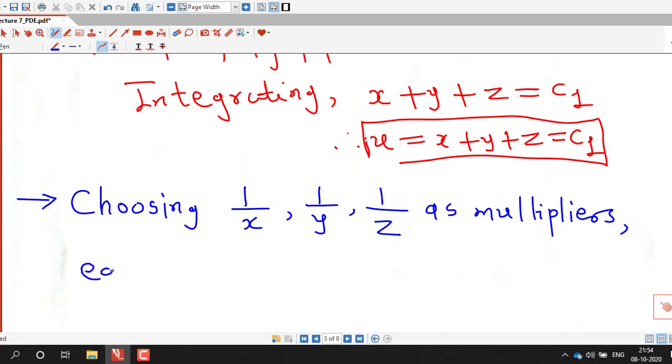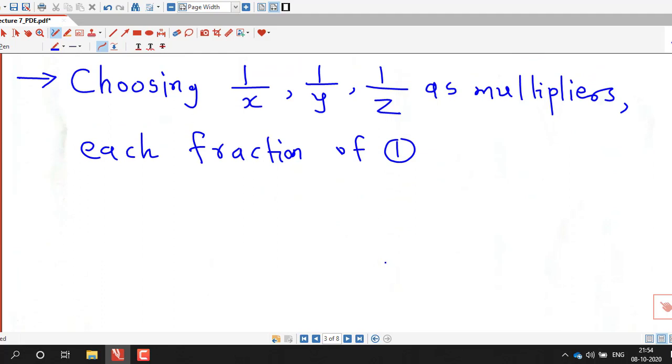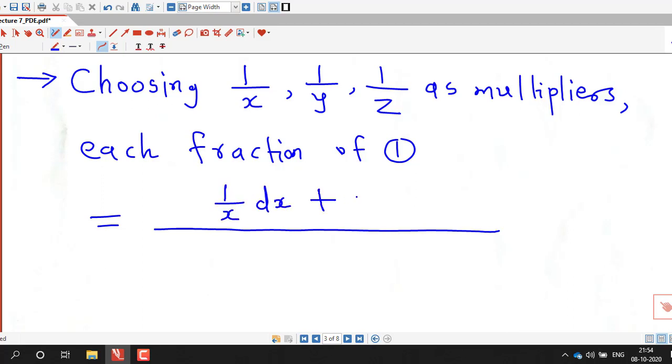Each fraction of 1 equal to, so I write here, with dx I have to multiply with 1 by x, 1 by y, 1 by z dz.